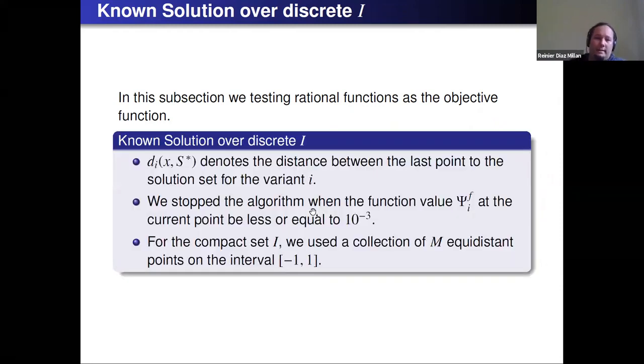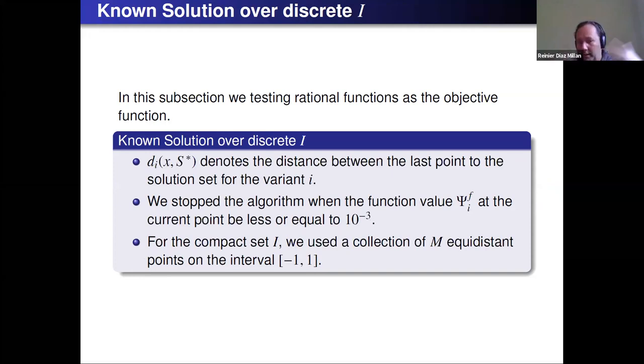In all of the cases, we compute the distance of the current point to the solution set. We stop the algorithm when the maximal deviation function is strictly less than 10 to the power -3, because we know that the solution will be 0, and the compact set will not be the whole interval. It will be some equidistant points in the interval.